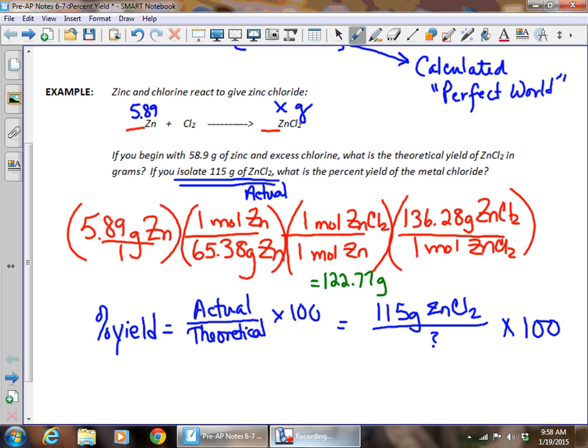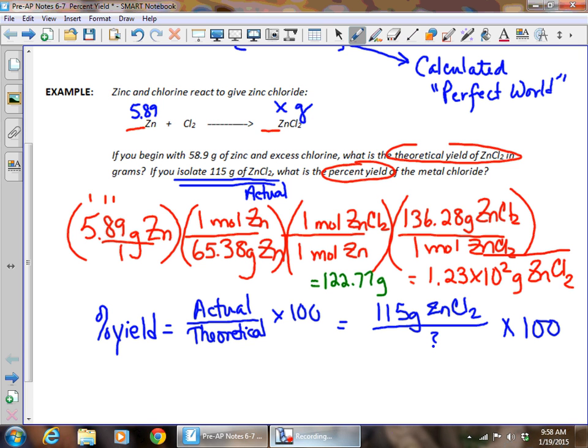However, this time it did ask for theoretical yield, so it asked us for both of them. So we do need to report this using sig figs. It looks like we need 3 sig figs over here, so 1.23 times 10 to the second grams of zinc chloride is our theoretical yield. So that answers the first part of the question.